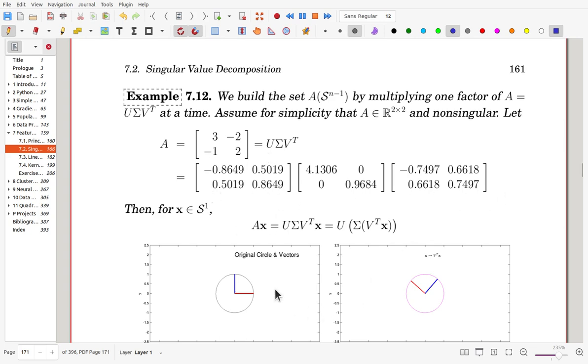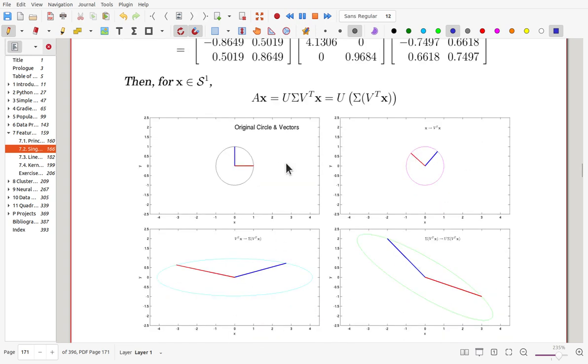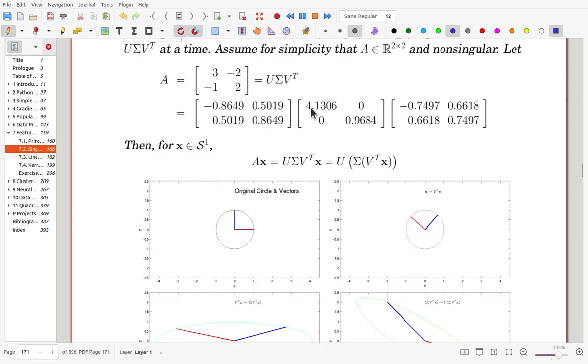In two-dimensional space, we start with S1, a circle of radius 1. First we multiply by V transpose, which makes a rotation, so that one is a rotation matrix. Now we apply sigma, which is a scaling in the horizontal direction, enlarged 4 times.